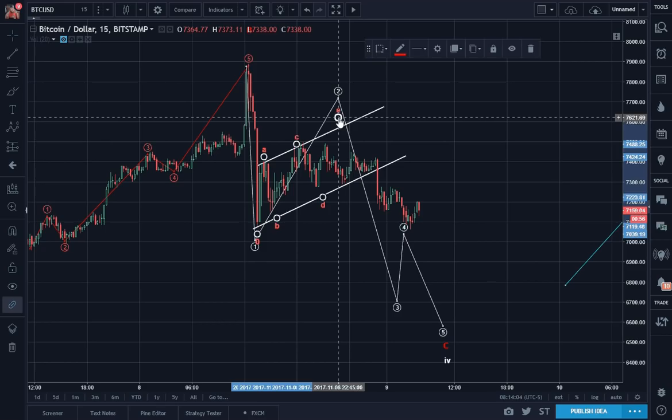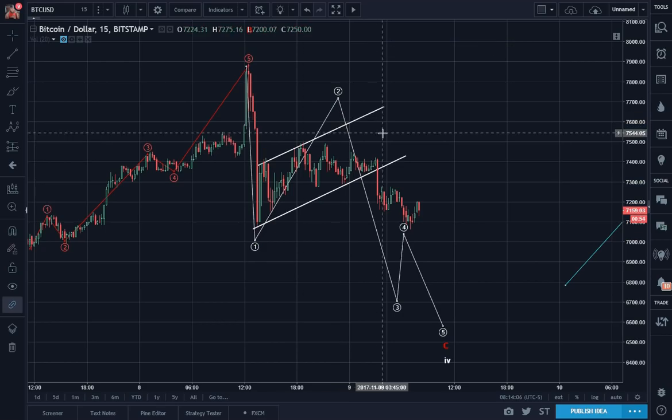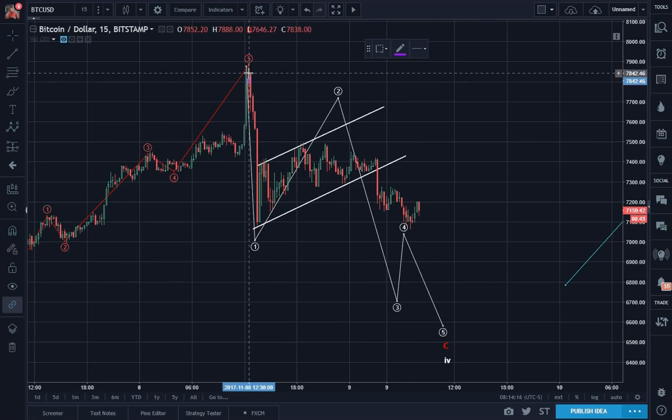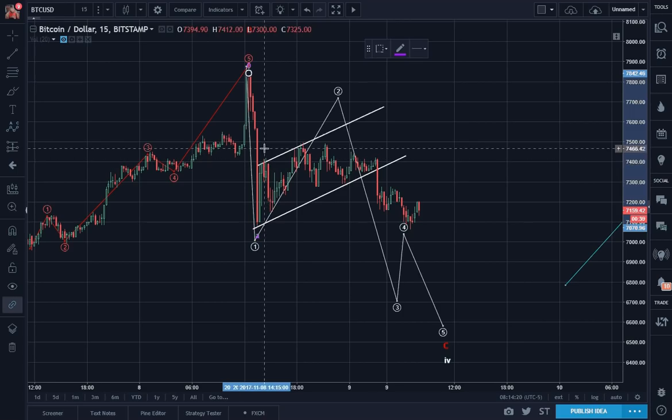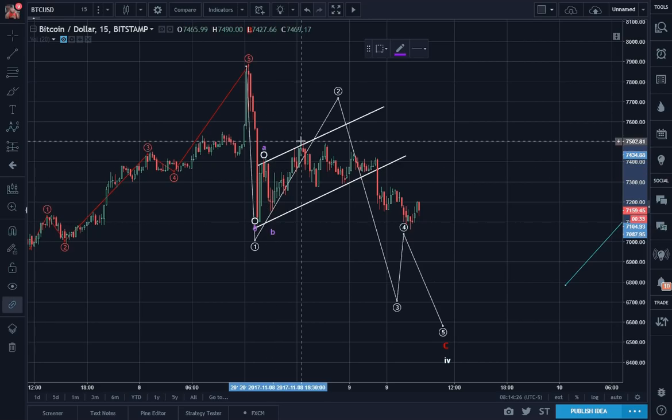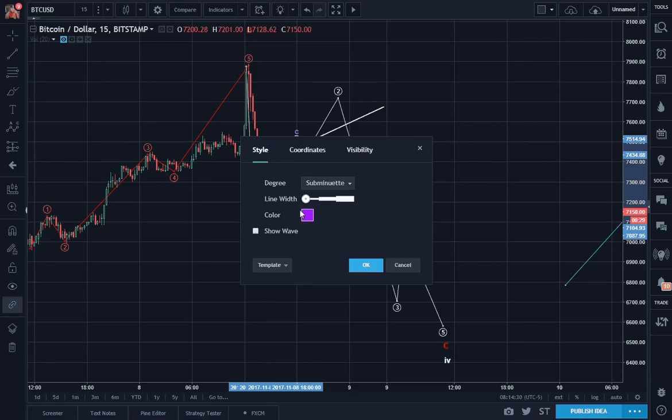So, let's get rid of this ABC, DE, and recount this. So we can say ABC finished here, came from all the way down here to A, A, B, C. Let's make that red.